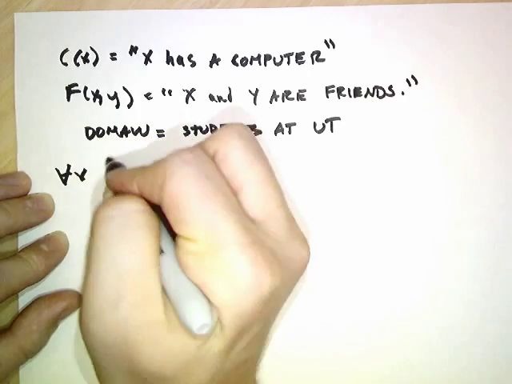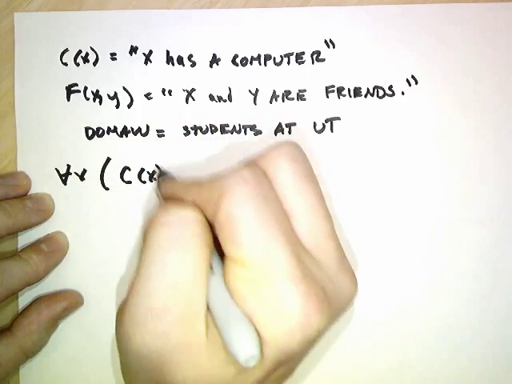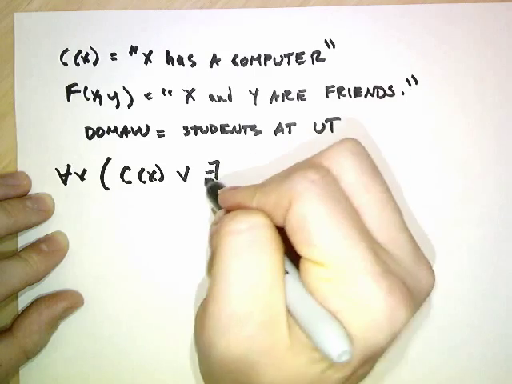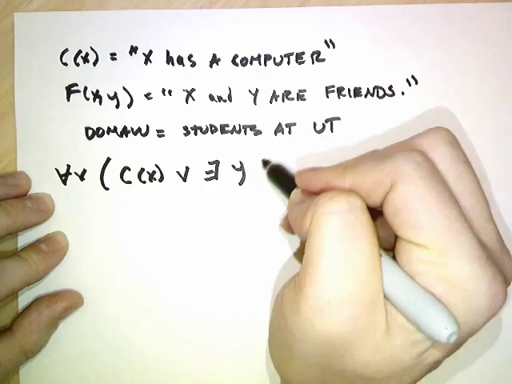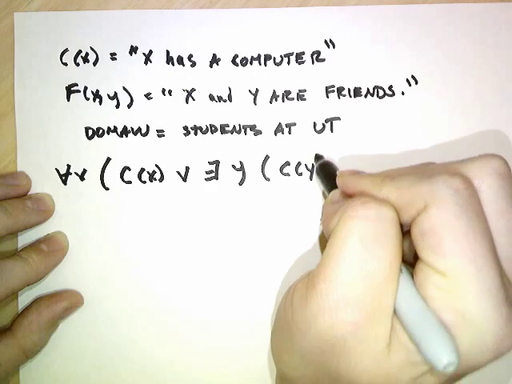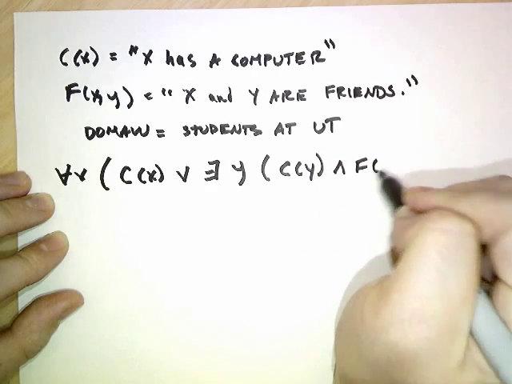For every x, C of x or there exists y, C of y and F of x, y.